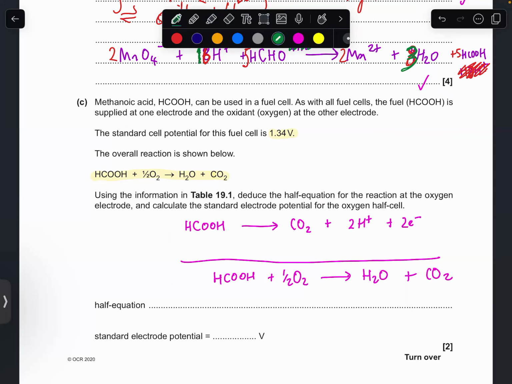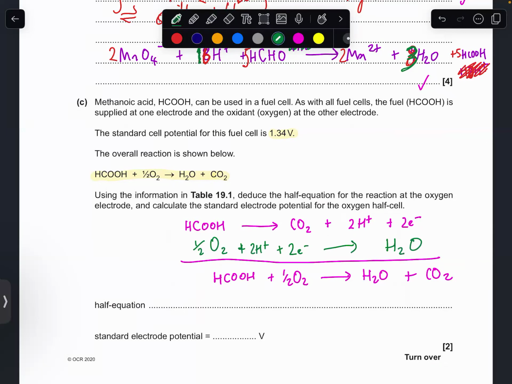That means half O2 must be here. And because we need these two to cancel out, that must be on this side, plus 2H plus, 2 electrons, to give you H2O.